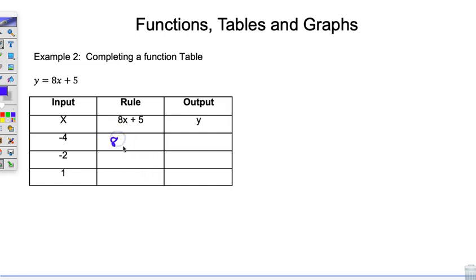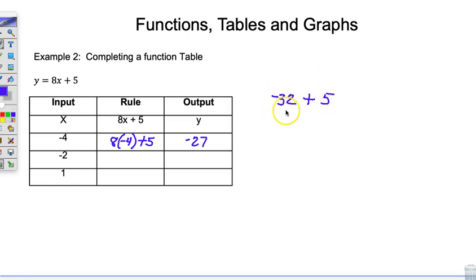I'm going to keep the 8 each time and replace the x with the x value. So in this one it's -4 and plus 5 comes here. So over here we'll use a little room to work. 8 times -4 is -32. If I take -32 and add 5 more to that, I would get -27.